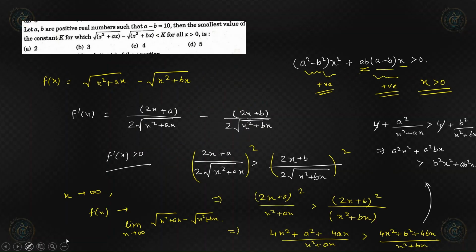So this limit is equal to 5, right? That means the function tends to 5, but it does not achieve y equal to 5. Okay. So what will be the smallest value of the constant k for which this function is less than k for all x greater than 0? The answer will be option D. So option D will be our correct option.